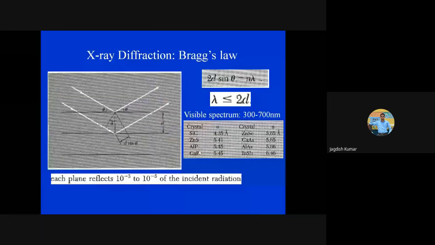to see a very interesting relevance and application of X-ray diffraction, where the idea of the reciprocal lattice is very, very useful.